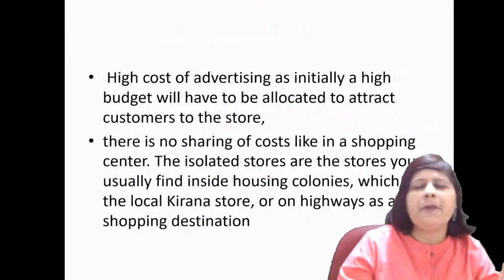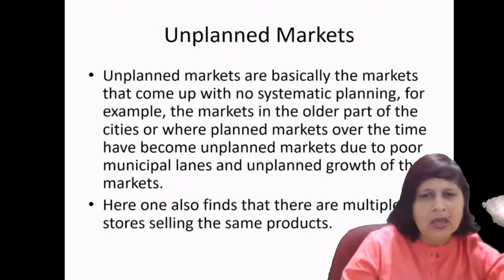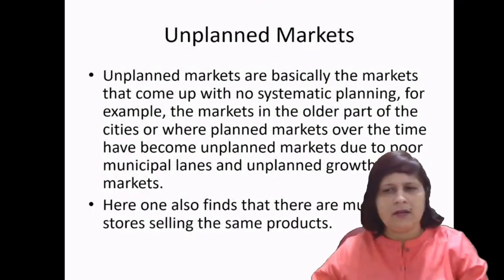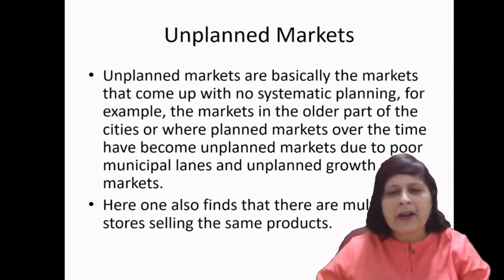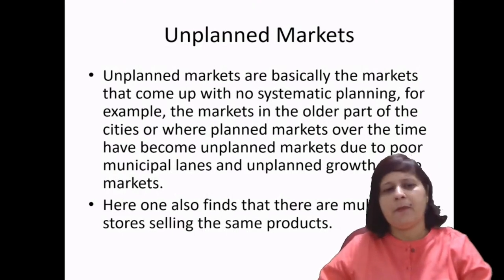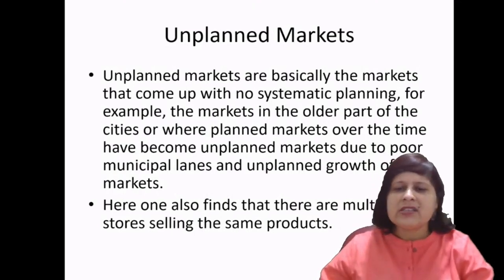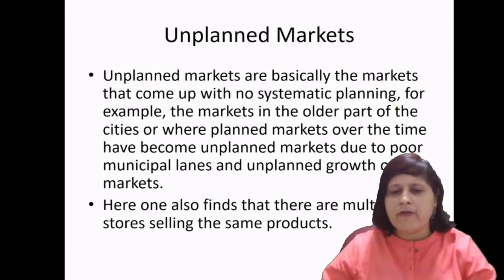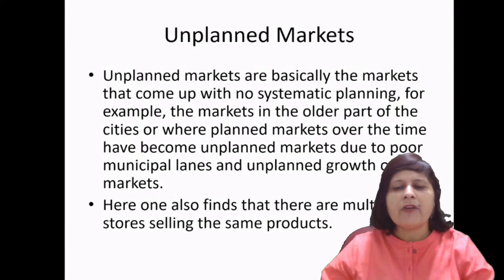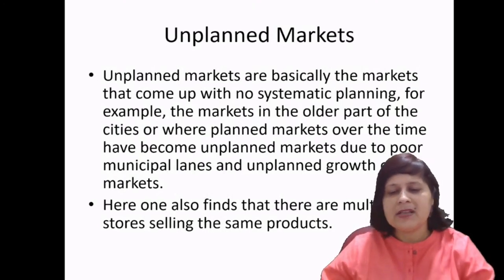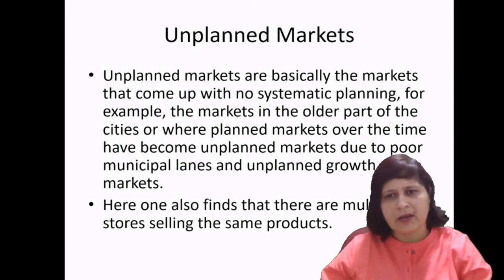Next is unplanned markets. So these were the isolated stores. There are unplanned markets. What are unplanned markets? The unplanned markets are basically the markets that come up with no systematic planning. For example, the market in the older parts of the cities, where planned markets over time have become unplanned markets due to the poor municipal lanes and unplanned growth of the market.